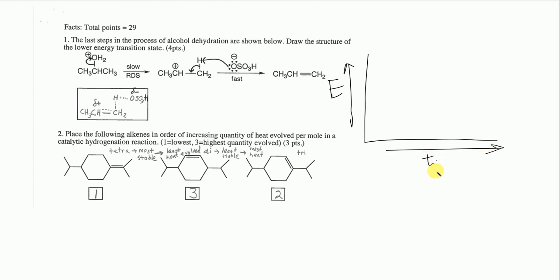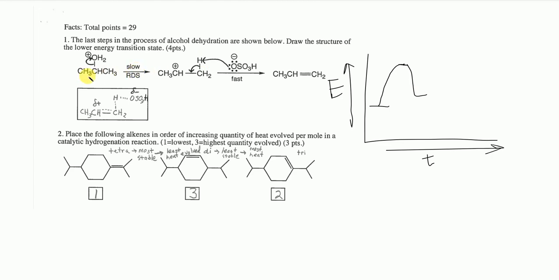Essentially, every time you have a product, you have a starting point, and then you have that climb to the top, which is the intermediate, and then the trough is the product.